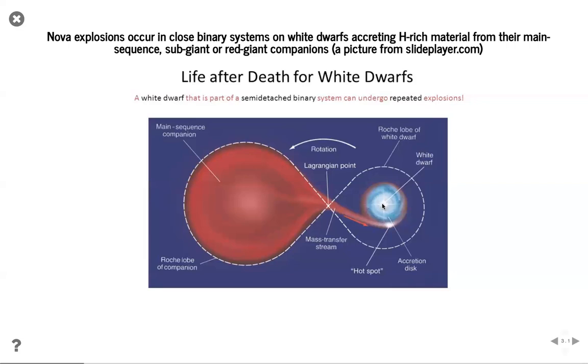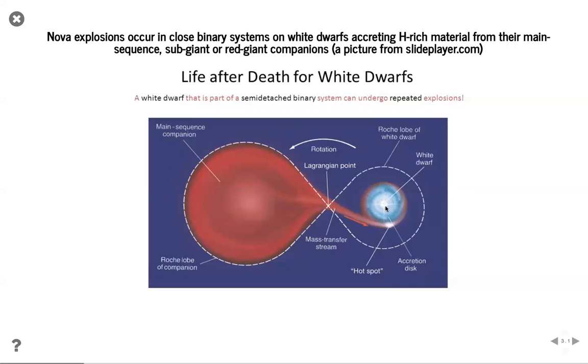Okay, if these stars were more massive initially, they would end up as neutron stars or black holes. But given that the initial masses are relatively small, say from approximately 1 solar mass up to say 8 solar masses, these stars end up the evolution as white dwarfs.